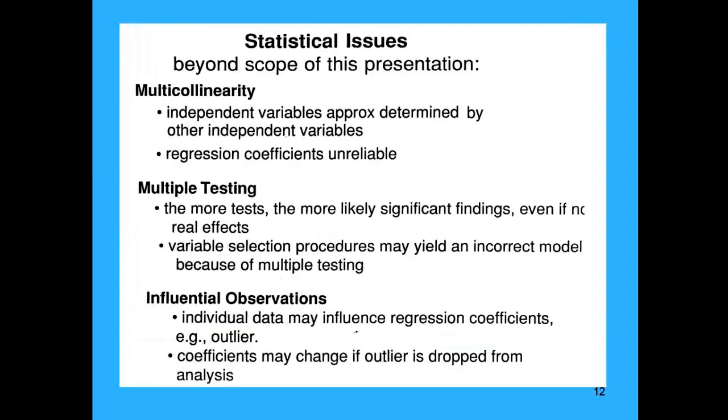So now, I'm watching the clock here, and I've got to make sure I get to where I want to be to a certain extent. Now here I've got this slide, and it says statistical issues beyond the scope of this presentation.